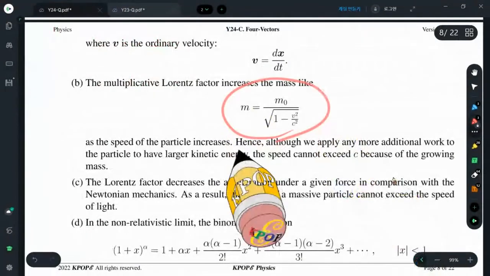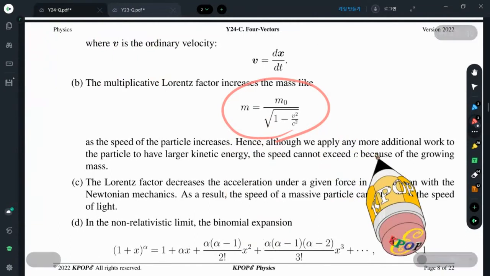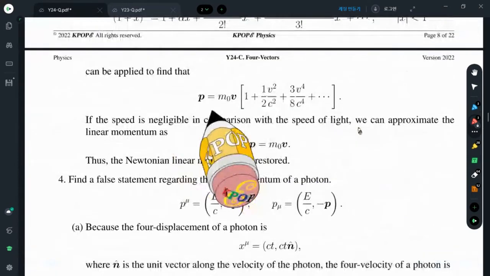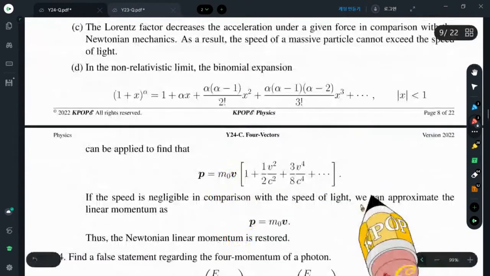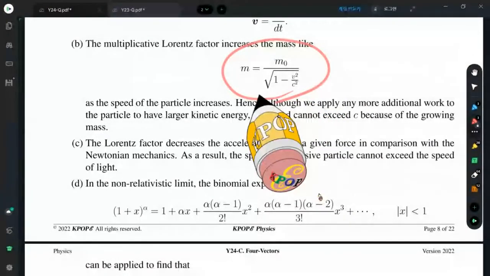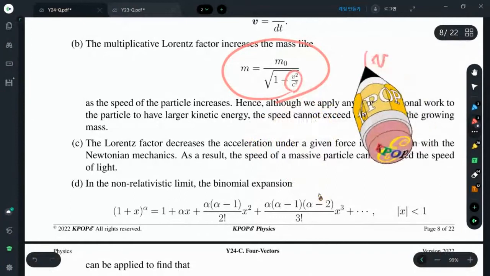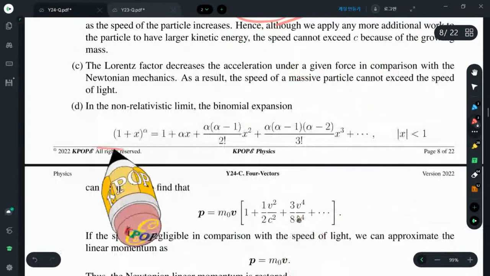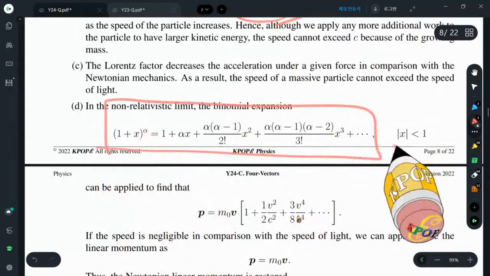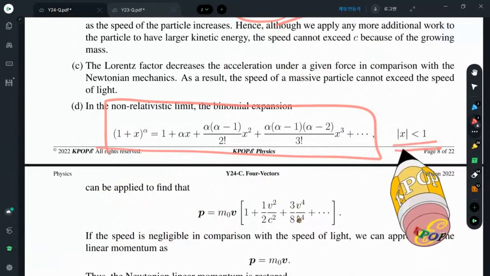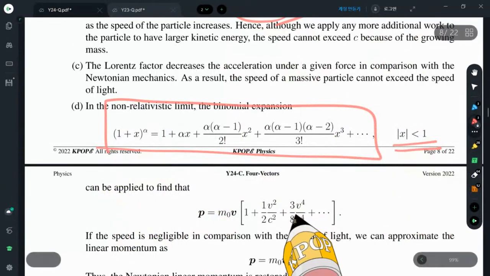So this is a new definition of mass, and it is now understood if we consider the expansion. For example, we can make a binomial expansion if the magnitude of v is less than c. We can make a binomial expansion for any x whose absolute value is less than 1.